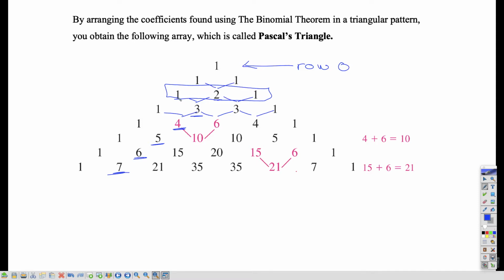Odd rows repeat themselves, so you get 10 and 10. When you get to the middle, you just go down. Squared gives me 3 terms, cubed gives me 4. 18 would give me how many terms? 19, one more term. That's why evens have a definite middle, because they're always going to have an odd number of terms.